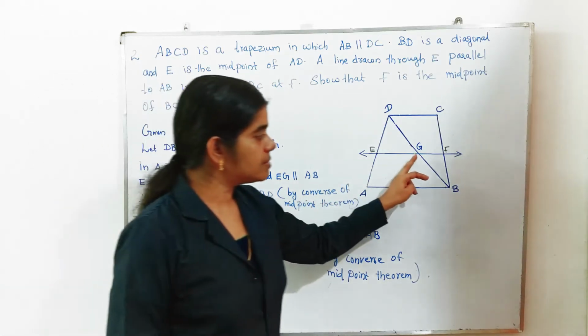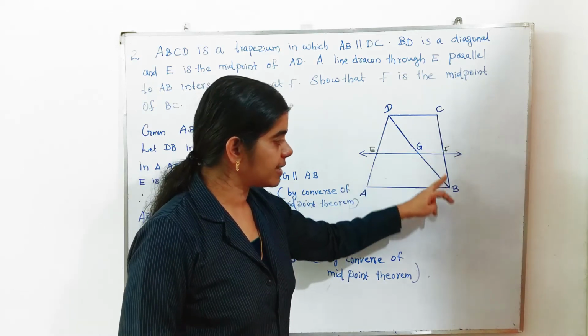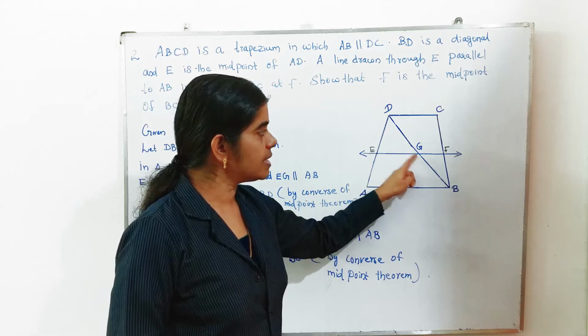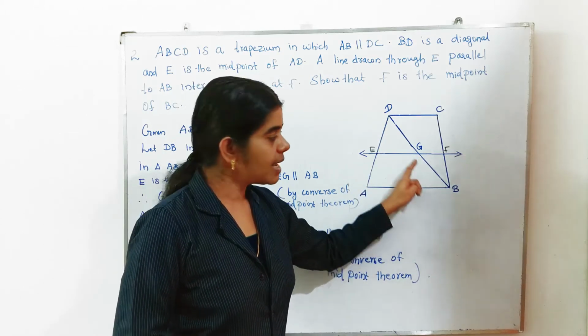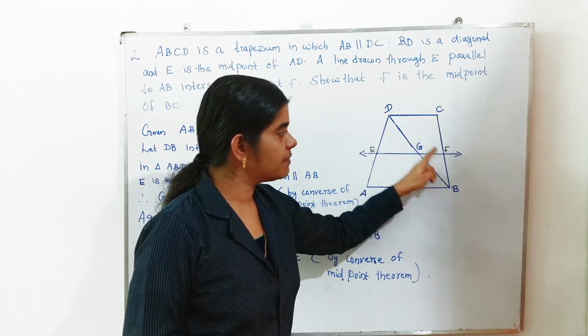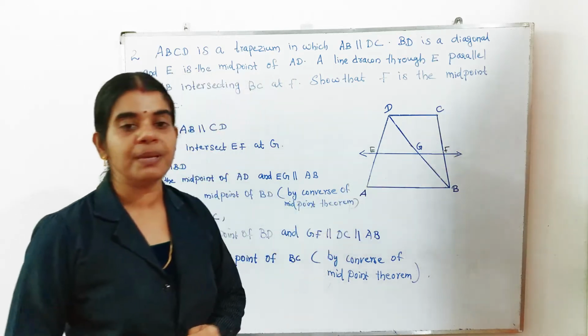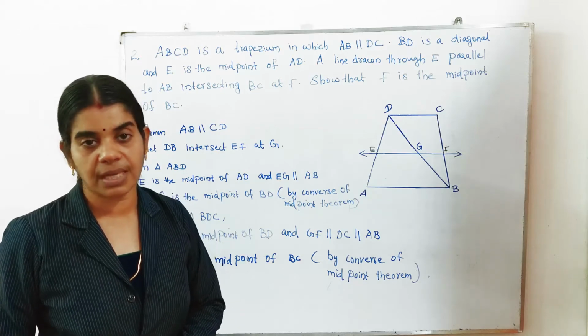Next we are taking the other triangle BDC. In that triangle, G is the midpoint of BD and the line GF will be parallel to DC. So F will be the midpoint of BC by the converse of the midpoint theorem.